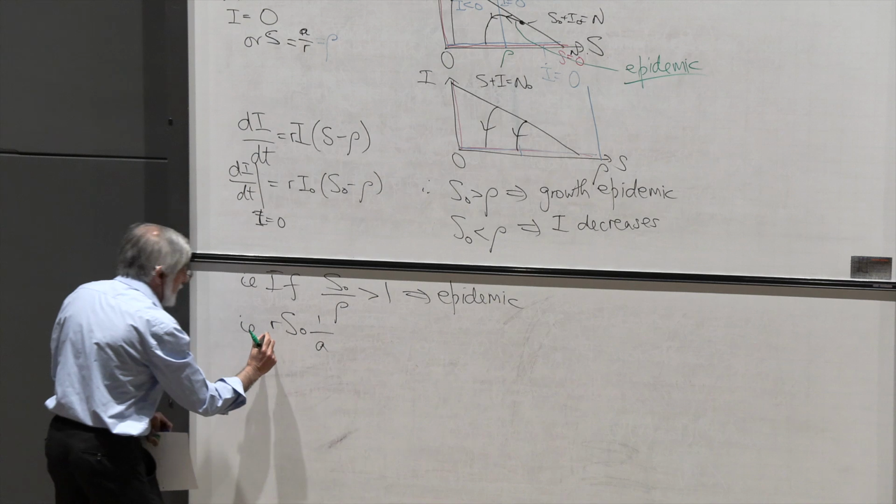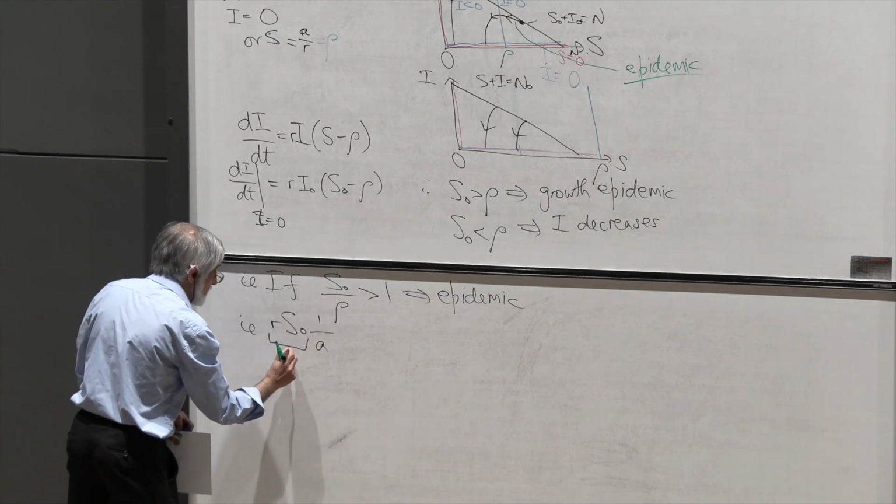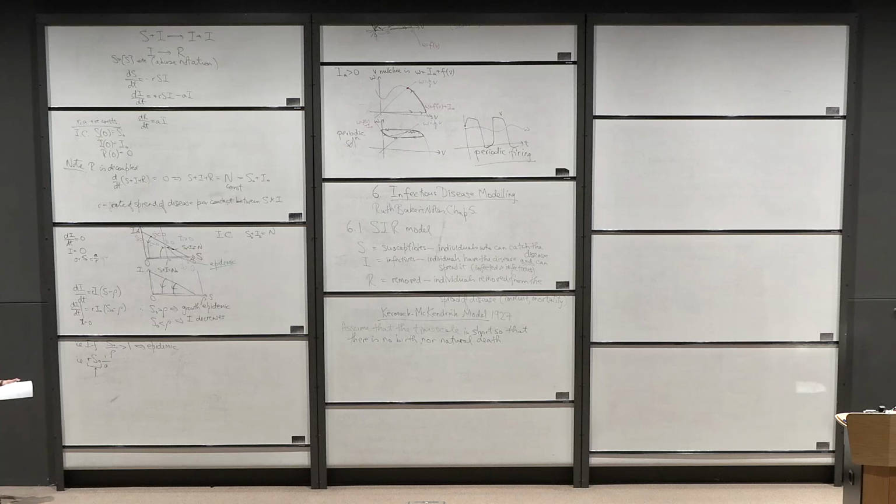Now let's look at that term. What is that? That is, if you go back up and look at the equation, ds by dt is minus RSI. So at the beginning, we've got S as S naught.